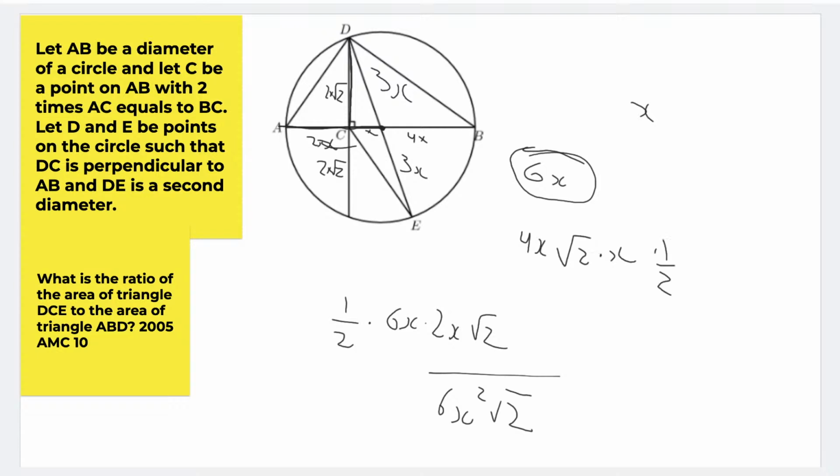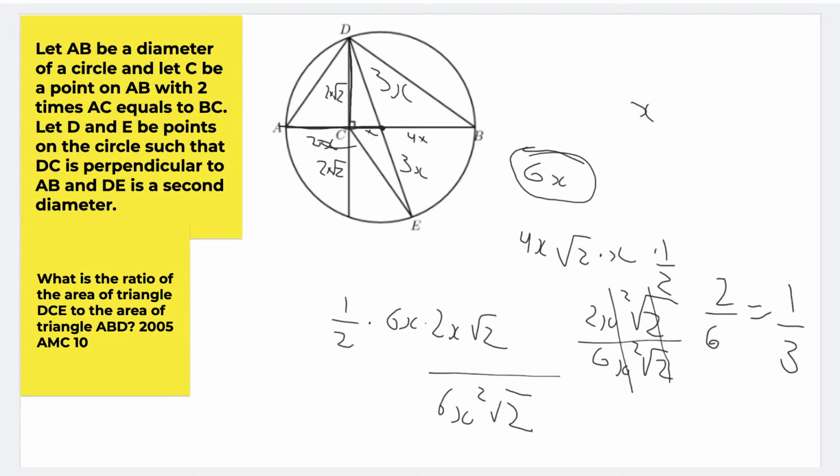After you multiply out, you get 2x squared times square root of 2 divided by 6x squared times square root of 2. The root 2's cancel out, the x squares cancel out, so we have 2 over 6, which is equivalent to 1/3. So the ratio is just 1/3.